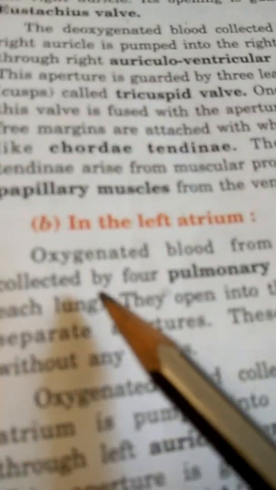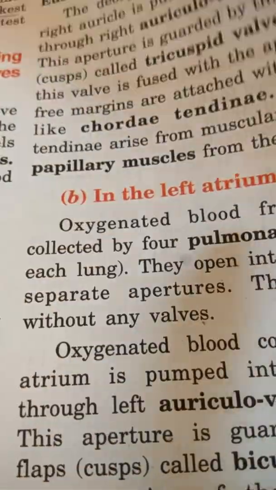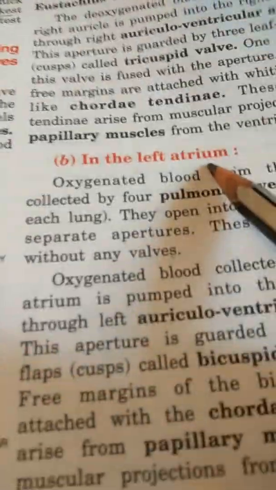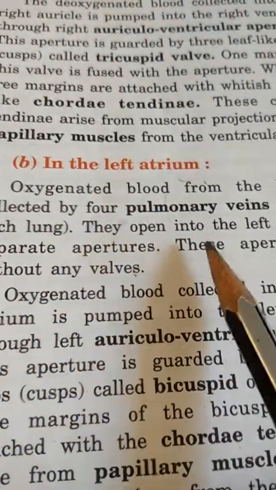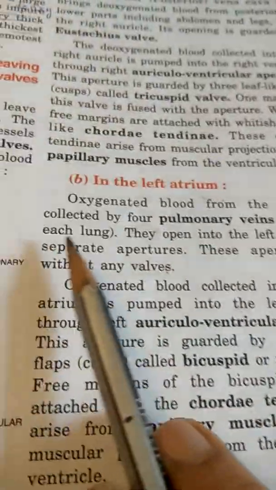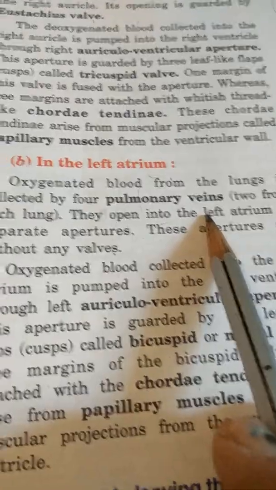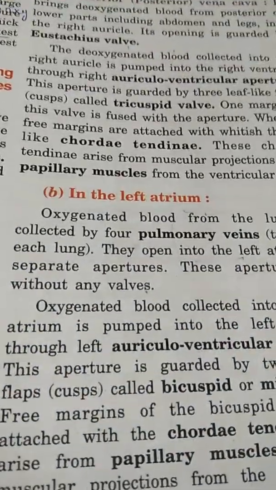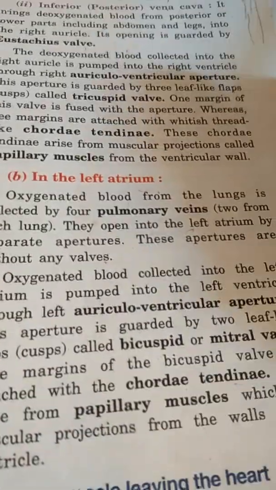Now, the blood vessels entering the left atrium or left auricle. The oxygenated blood from the lungs is collected by 4 pulmonary veins. We have 2 lungs. Each lung will give 2 pulmonary veins.